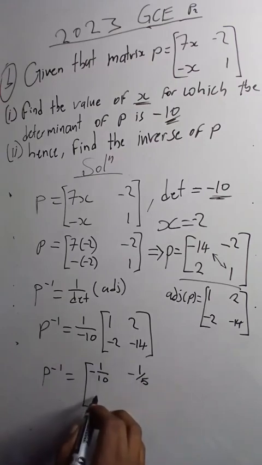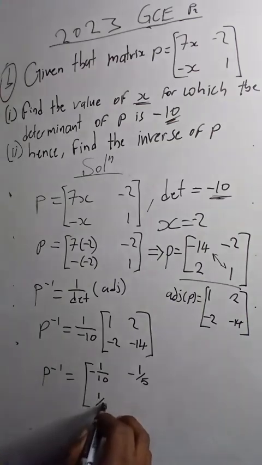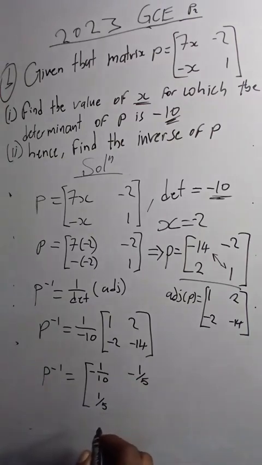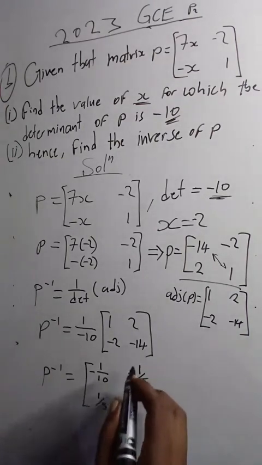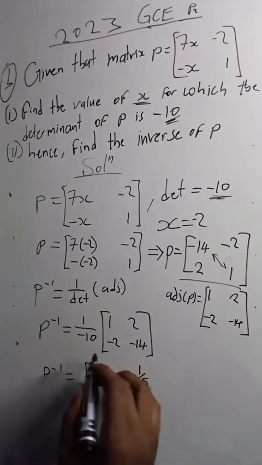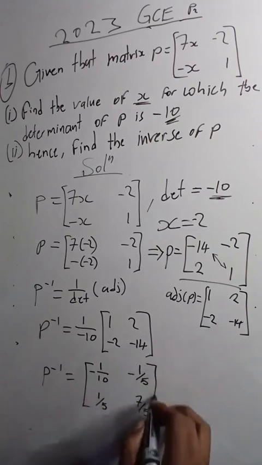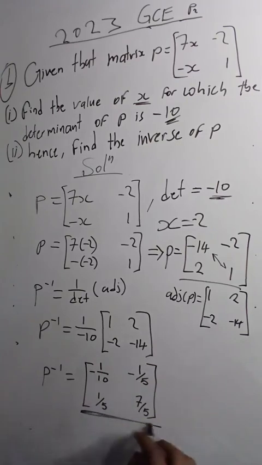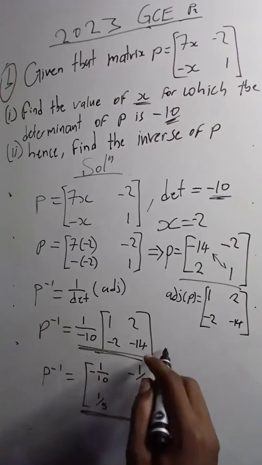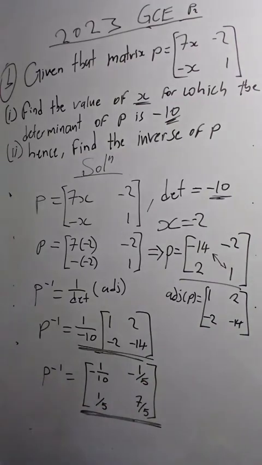Then here it will be 1 over 5, because there's a negative and a negative, they cancel each other. Then here it will be 7 over 5, again a negative and a negative cancel each other. So this is the final answer. Even if you leave it here, you'll be given the full marks.